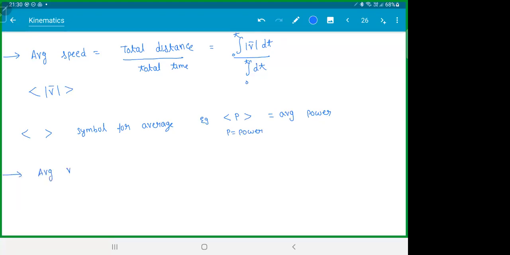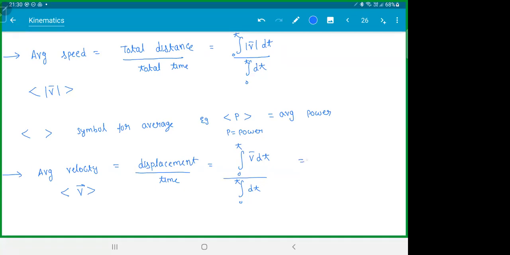So if I say average velocity, so the symbol will be average V bar. Do you see the difference? The moment I keep a mod, it is average of speed. This is the average of velocity. This would be the displacement by time, this would be integral v bar dt from 0 to time by integral dt. Check it out.